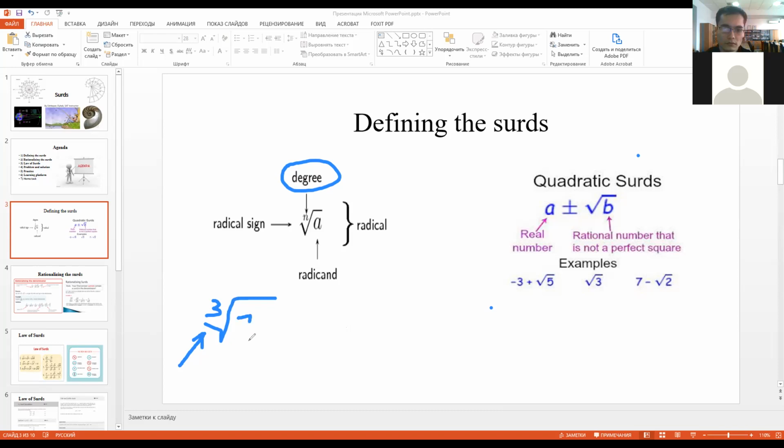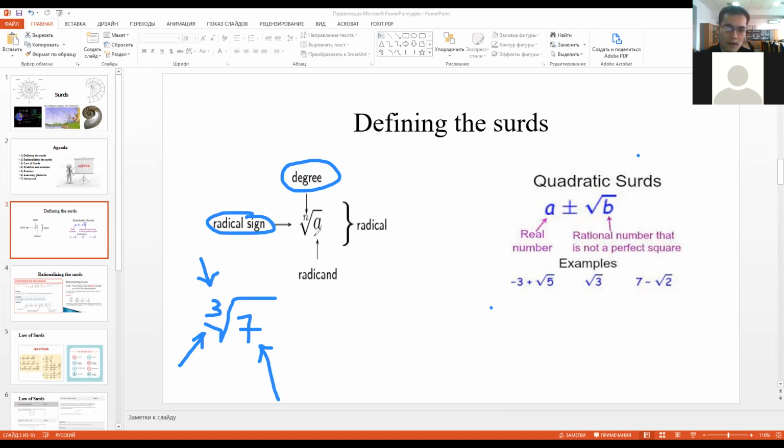This is the radical sign. This one is the radical sign, and this one is the degree, right? And what about this one? What do you call it? Radicand. Radicand, right?